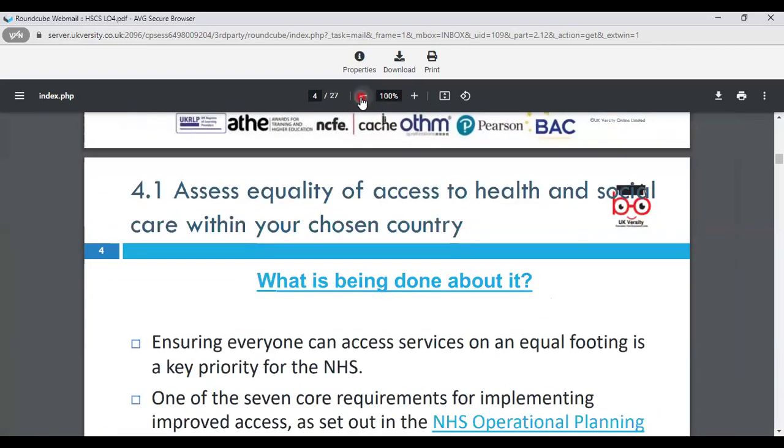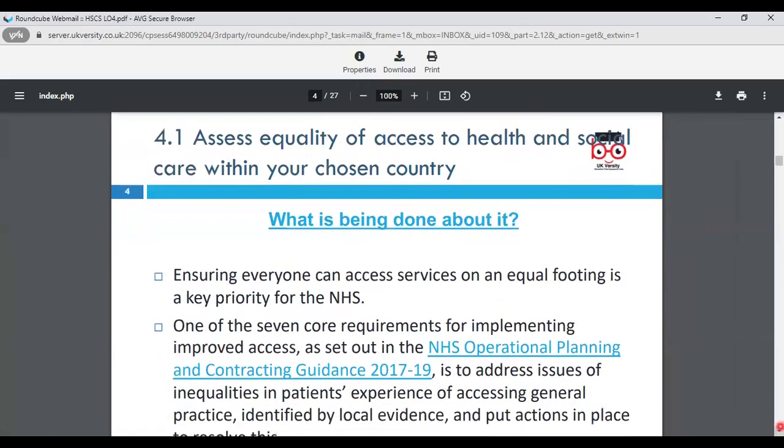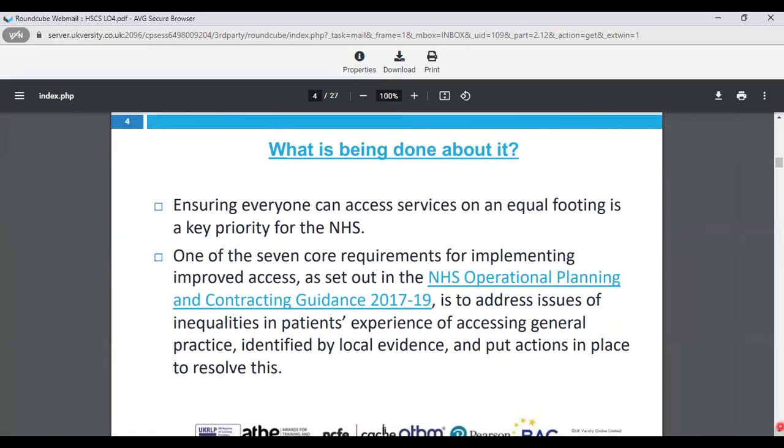I'll zoom out again. So what is being done about it, if that is known? This is quite an old document. Ensuring everyone can have access on an equal footing is a key priority for the NHS.